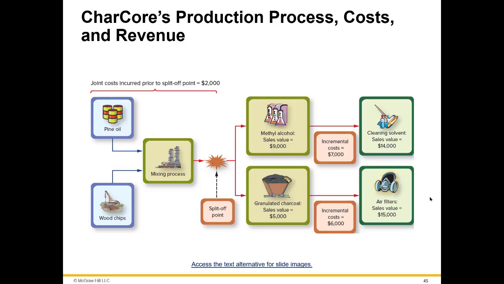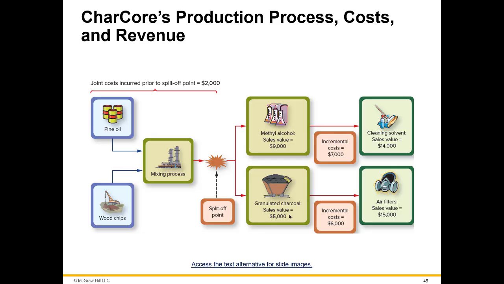So here's the decision, right? They're going to combine pine oil with wood chips. They're going to have a mixing process, and they're going to decide how and when to sell these. So these products are separated, and we determined methyl alcohol has a value of $9,000 and granulated charcoal has a value of $5,000.